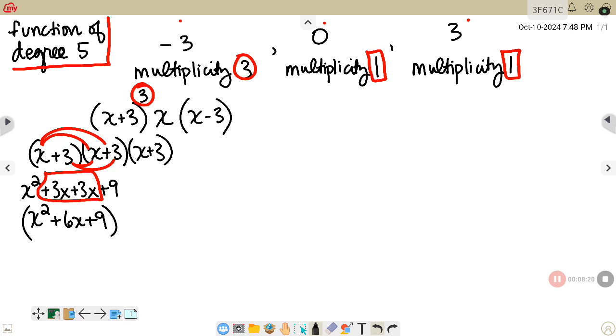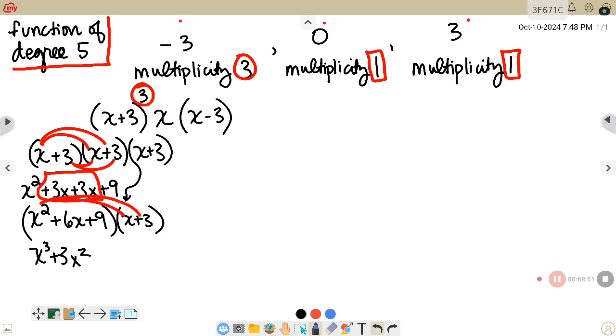So that took care of the first two x plus 3's. Now I've got to bring this last one down and distribute here. So the first thing I'm distributing is this x squared to both of these terms. So x squared times x gives me x to the third. x squared times 3 gives me plus 3x squared.